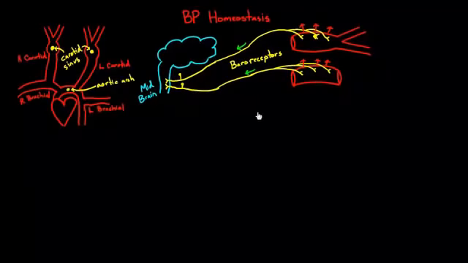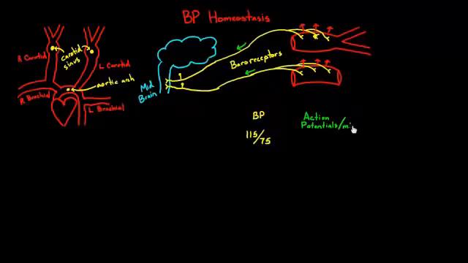Let's say I have a blood pressure of 115/75. And in green, I'll write action potentials per minute.